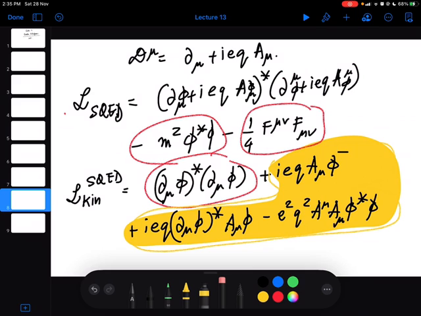One of them should be a minus sign because there is a star actually.